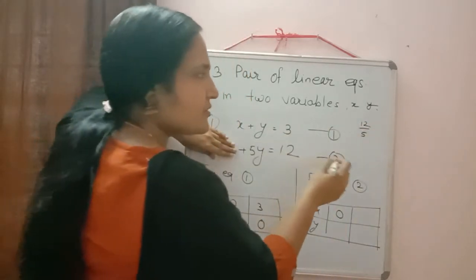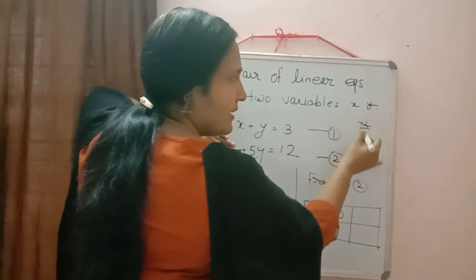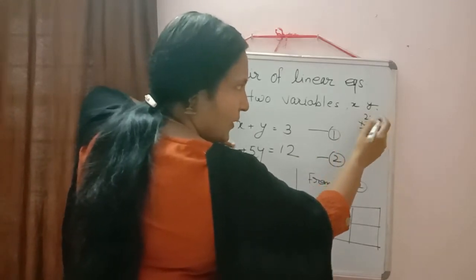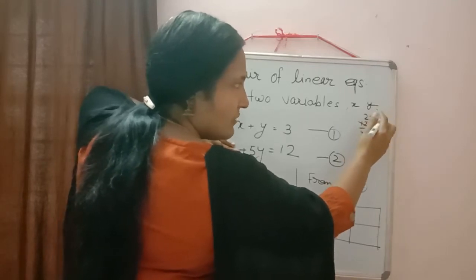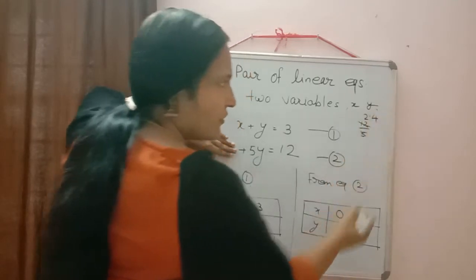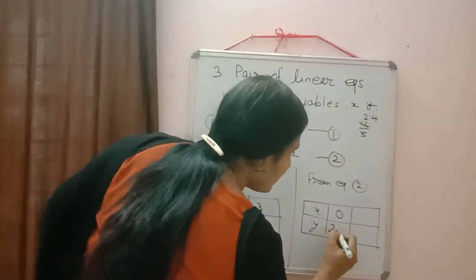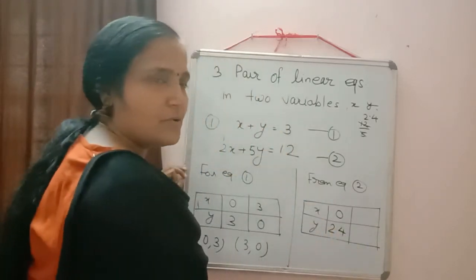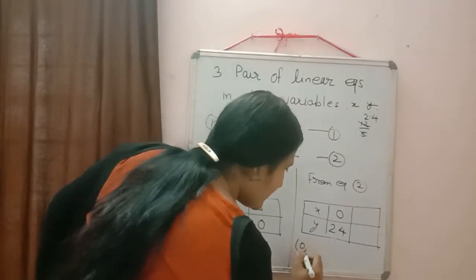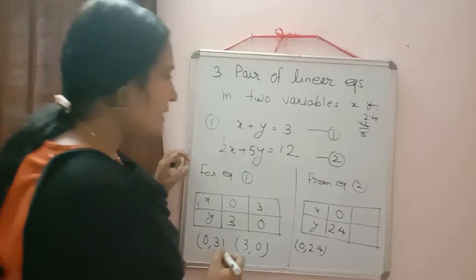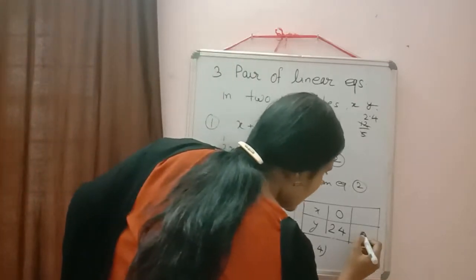We can cancel it so that we can convert into decimal. 5 2s are 10. Then we will put a point, 2 will remain there, then 0 will come, then we will get 5 4s are 20. So when we have substituted x is equal to 0, we got y is equal to 2.4. So our coordinate is 0, 2.4.